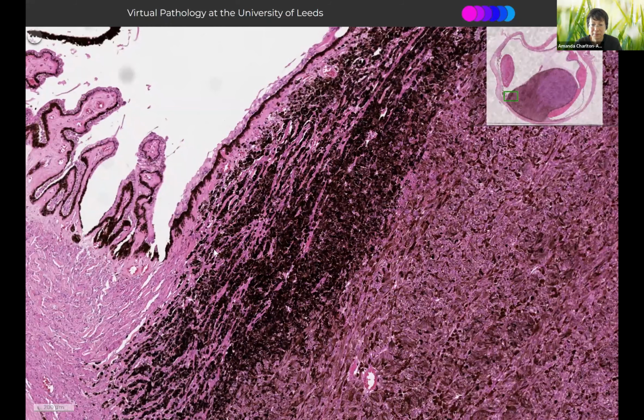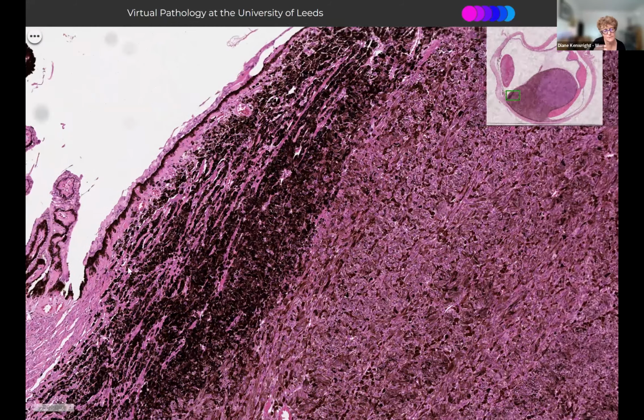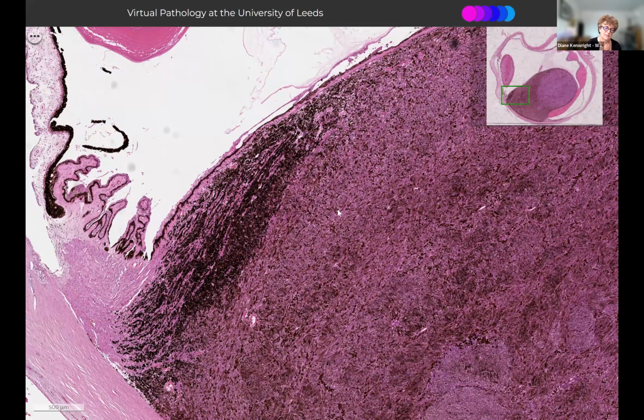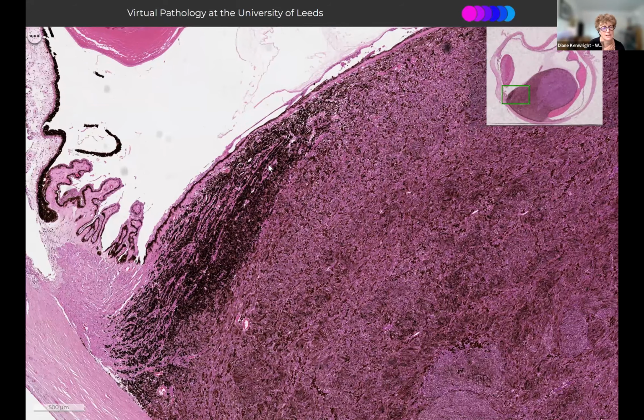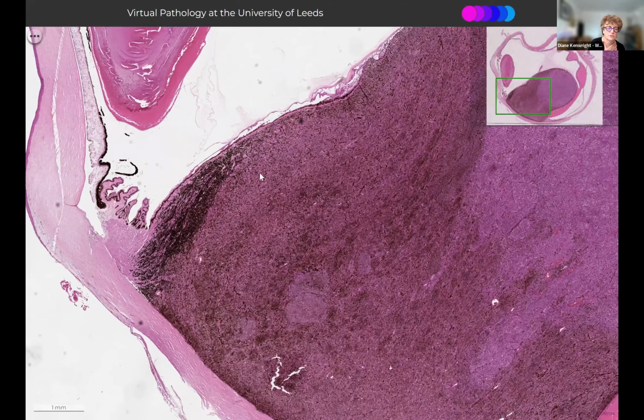So the ciliary body. What part would you like to look at? That bit there, where we can see the start of the ora serrata and the ciliary body. But does it really invade the ciliary body, or is it just pigmented macrophages abutting against it and starting to infiltrate? That's the question to ask.